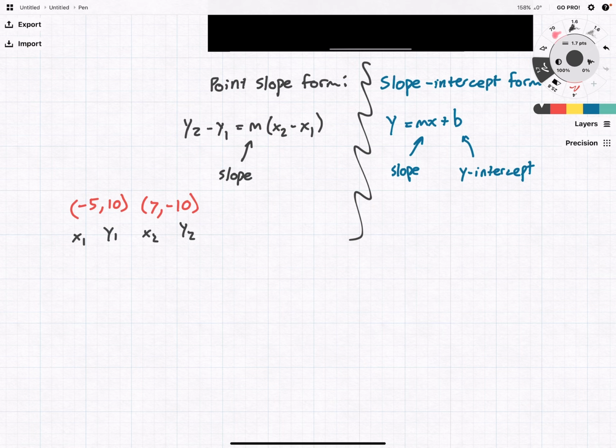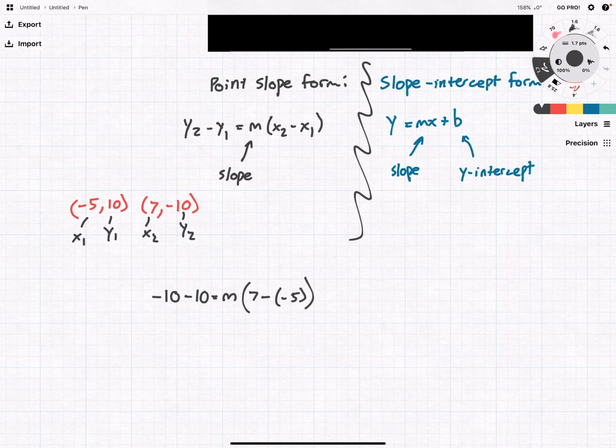These are each to their respective variables, right? So y2, it's -10, minus y1, which is 10. That's equal to m times x2 is 7 minus x1, which is -5, so minus a -5.